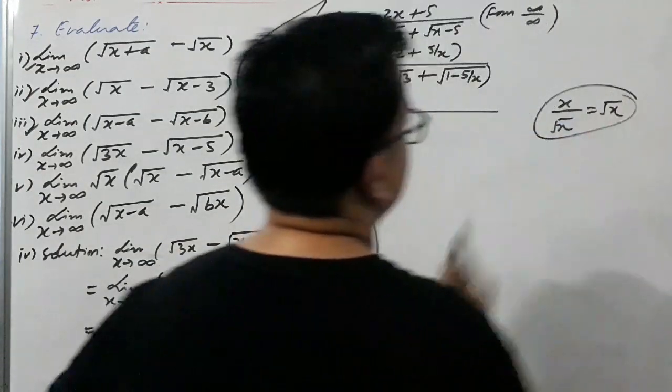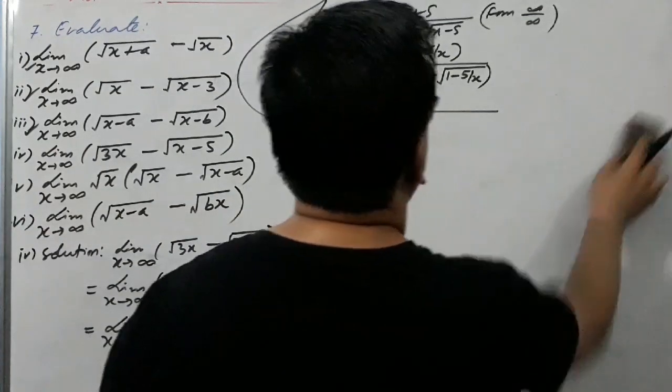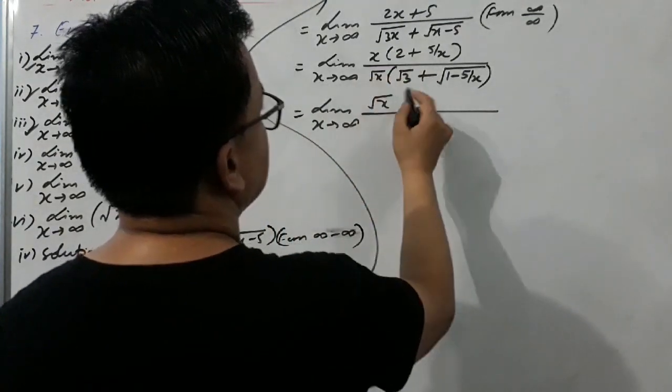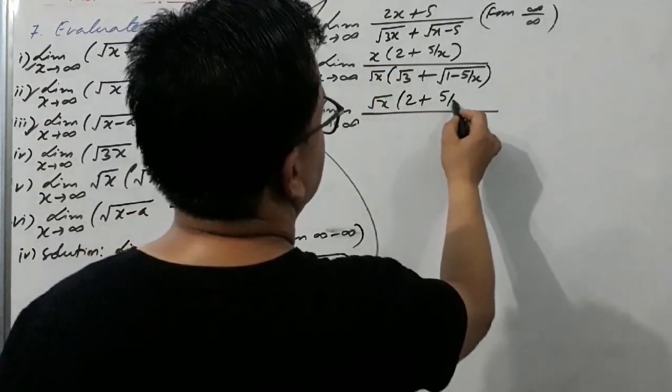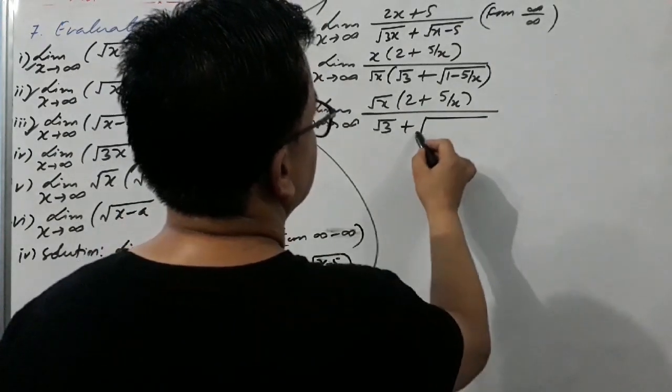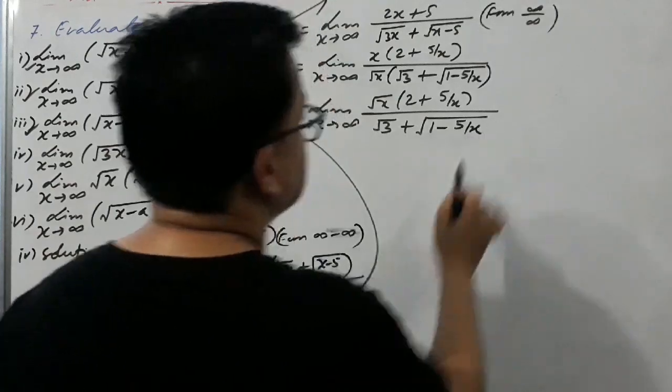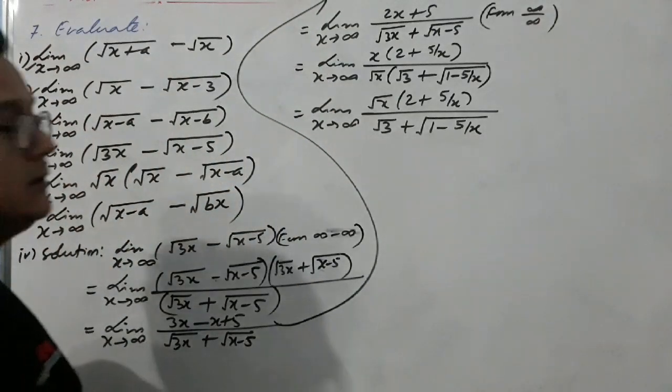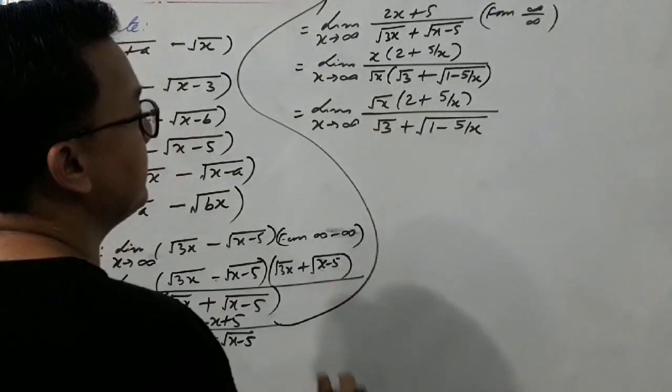You can check by law of indices. Here root x over root x, and here 2 plus 5 upon x. You will get here 3 plus root 1 minus 5 upon x. Now, this is not an indeterminate form.